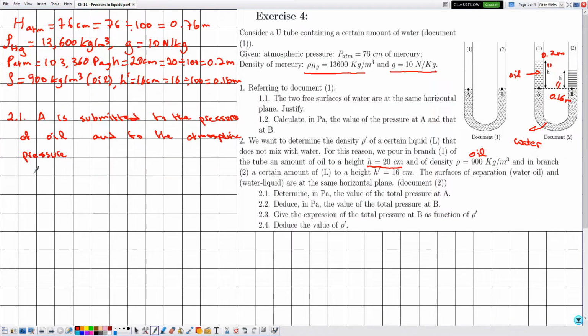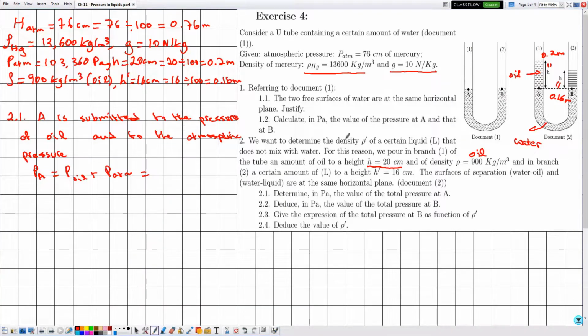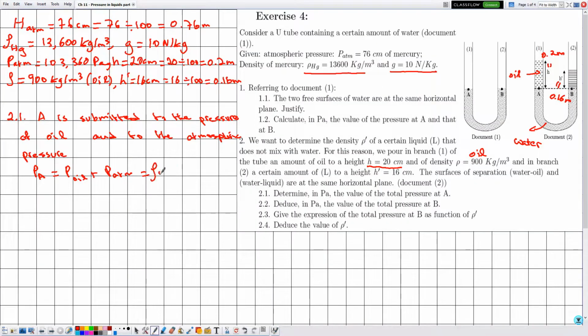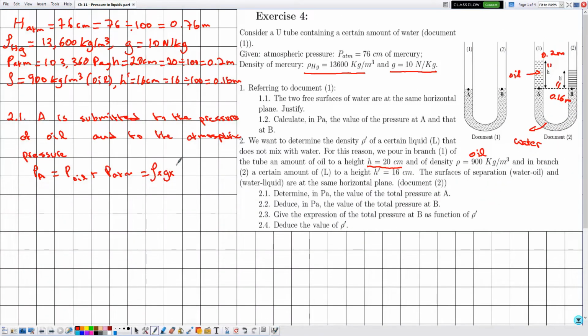Now we can say that the total pressure at the point A is equal to the pressure due to oil plus the atmospheric pressure. And because the pressure due to oil is pressure due to liquid, it's given by the density of the liquid times G times H. So the density of oil, denoted by rho, multiplied by G multiplied by the depth at which we are calculating this pressure, denoted by H, plus the atmospheric pressure.